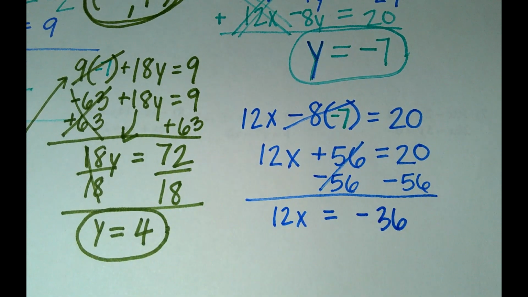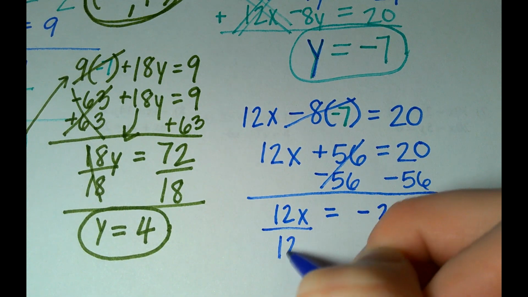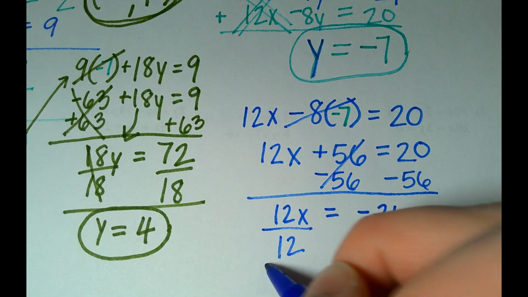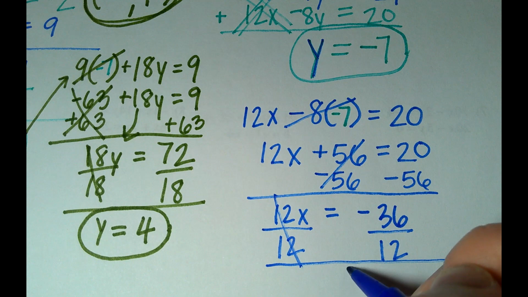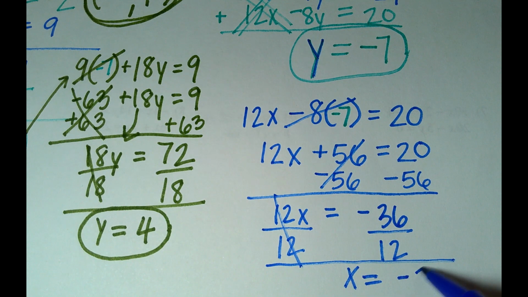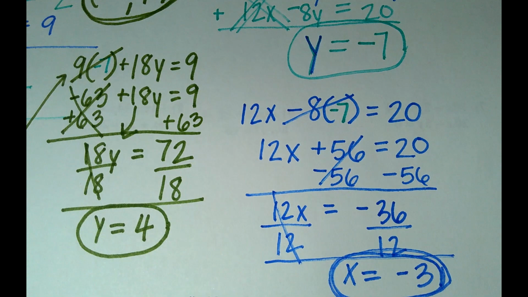Okay, and I've got one more step. Divide. I'm going to divide by 12 on both sides. And I will get x equals negative 3. Perfect.